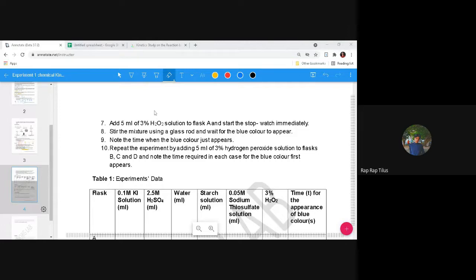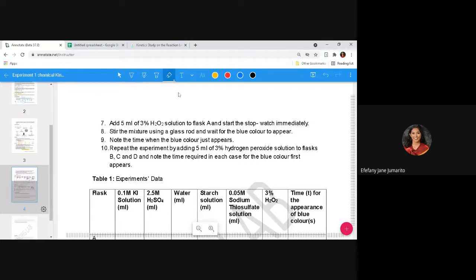Add 5 ml of 3% H2O solution, ma'am. There's a number 2 at the bottom. For sure, this is not water. Water is H2O. Hydrogen peroxide. Okay. Hydrogen peroxide solution to flask A and start the stopwatch immediately.